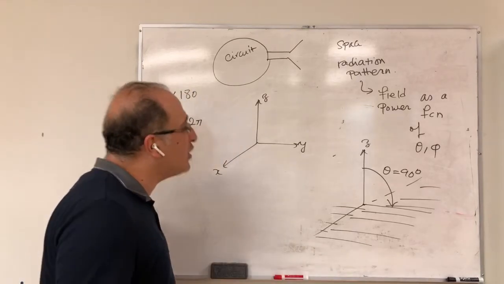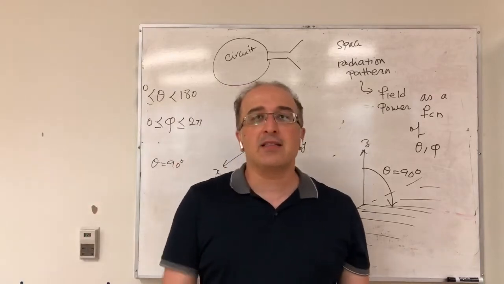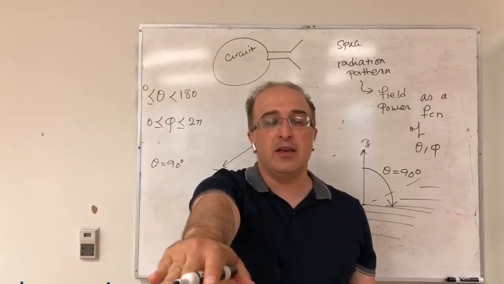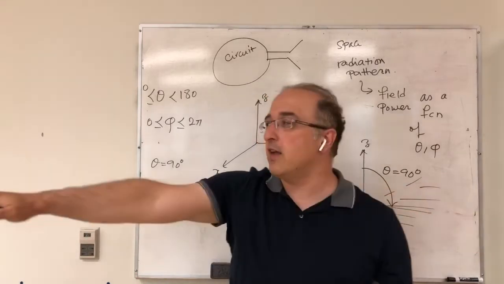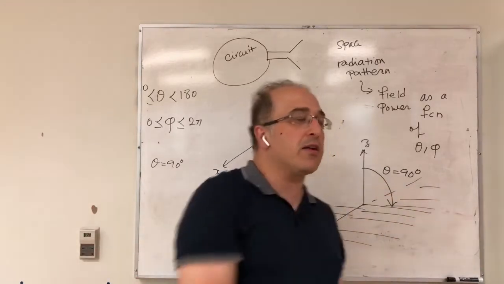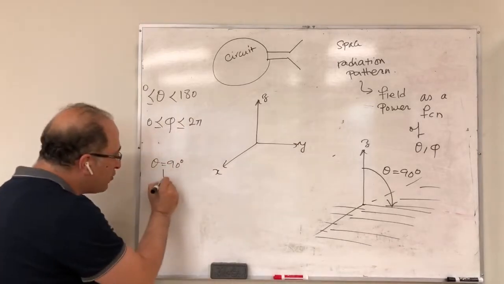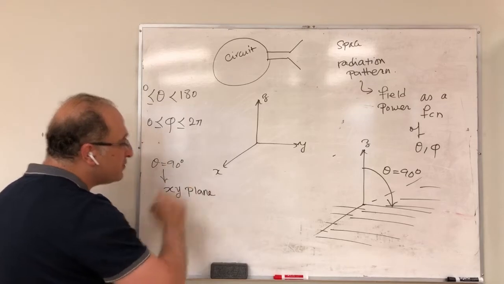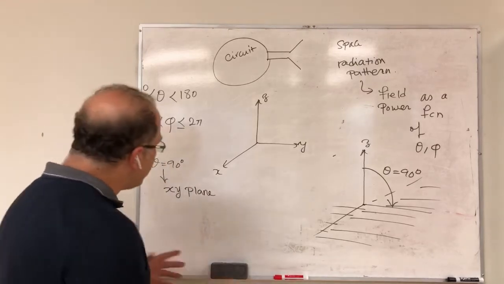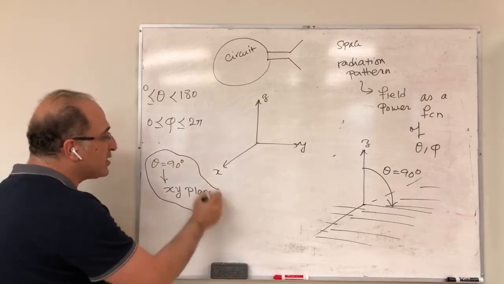No, theta equal 90 means, I'm z-axis, theta equal 90. This could be theta 90, this could be theta 90, this could be theta 90. All the points in this plane are theta equal 90. So theta equal 90 is the same as saying xy plane. So with theta equal 90, you're bringing yourself to xy plane.